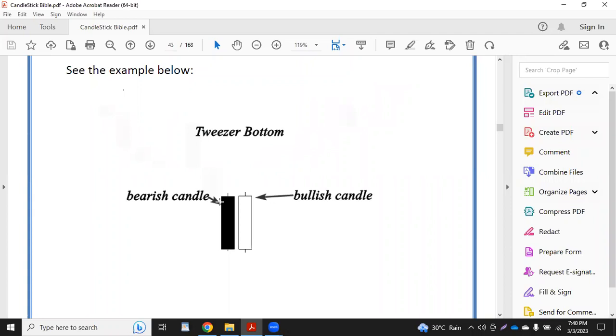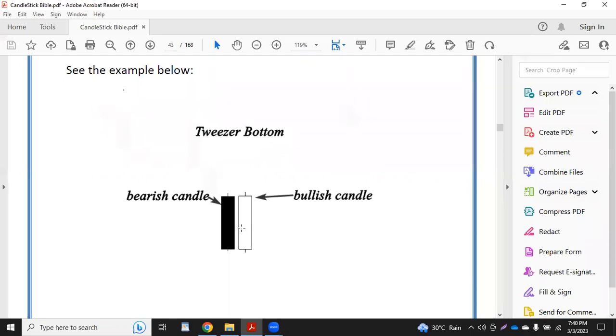Then that bearish candle closes. It will now be followed by a bullish candle that is about the same size, about the same height as the previous sell candle. So the difference would be that one is a bearish candle, and the other one is a bullish candle. But they are about the same size, and they opened and closed almost around the same place. So this is what you call a tweezer bottom.